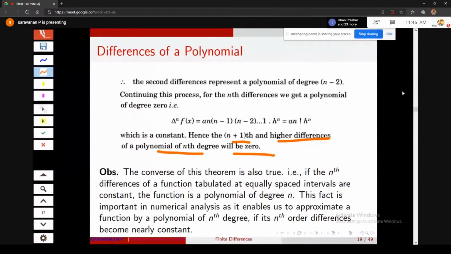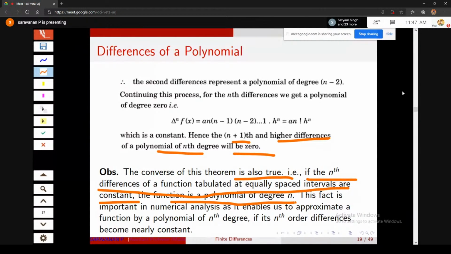So what have we proved till now? We have proved that the nth order difference of a polynomial of degree n is a constant. And there is another theorem that says the converse is also true. What is the converse? Suppose we are given a table and we are computing the differences, and if the nth differences are a constant, with equal spacing, then the function is a polynomial of degree n.